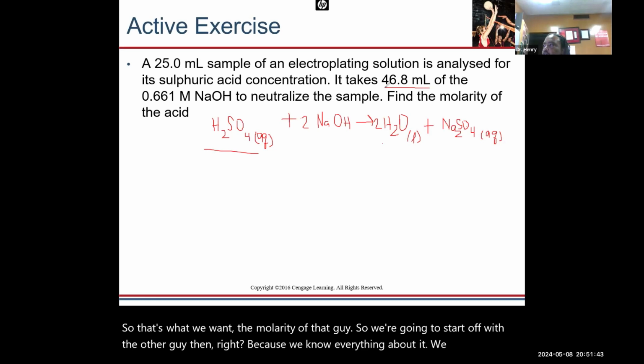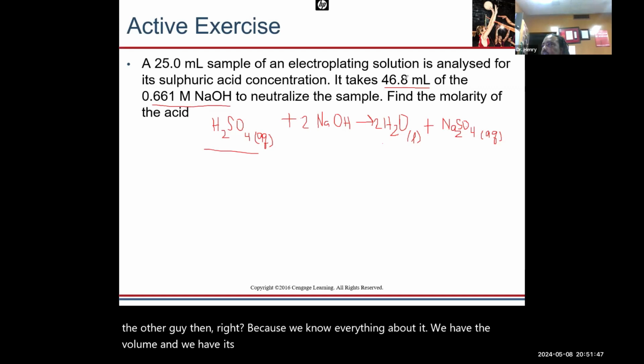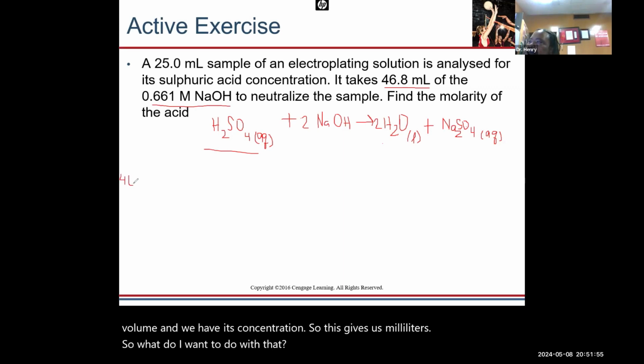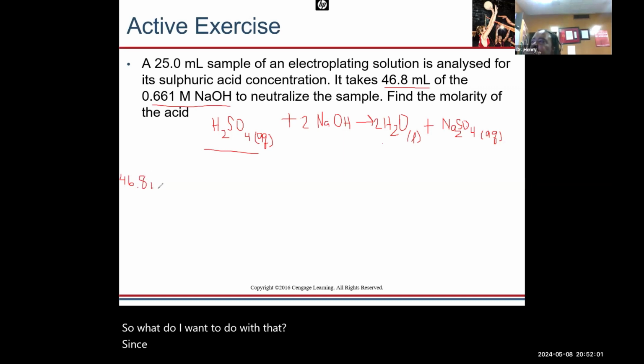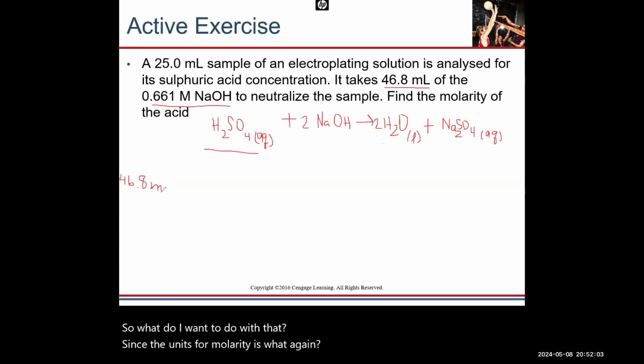We have the volume and we have its concentration. So this gives us milliliters. What do we want to do with that? The units for molarity is what again? Molarity is moles of solute over liter of solution.